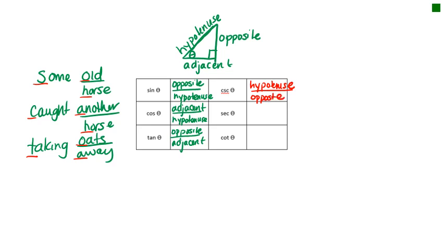Secant is the reciprocal of cosine, so hypotenuse over adjacent. And then finally, cotangent is the reciprocal of tangent, so it's going to be adjacent over opposite.